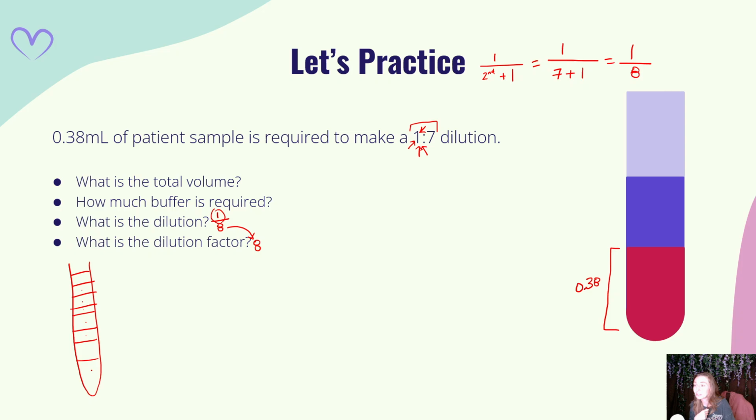Wow, those are terribly distributed, but that is 8 parts within this whole sample, okay? So we have 8 parts in total because our dilution factor is 8. 1 plus 7 equals 8. That's where we got the 8 from.